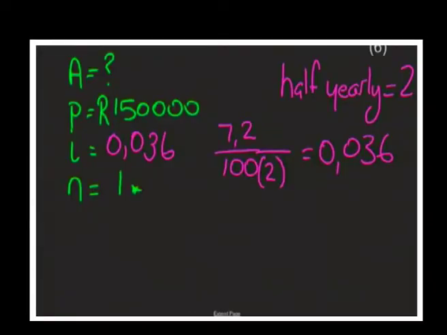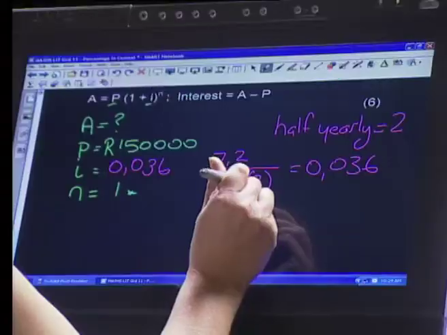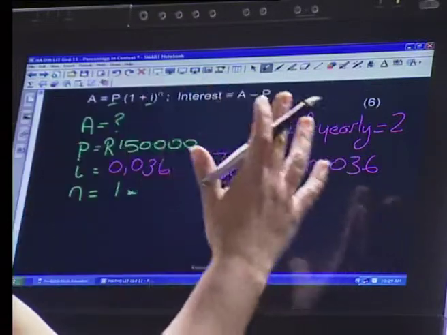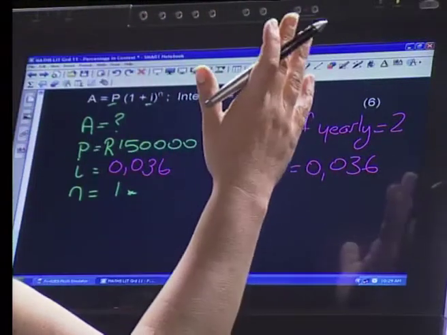So a rule of thumb, every time you get a percentage and you need to calculate the amount per compound period, take your percentage as a fraction out of 100 and divide by how many compound periods there are in that year.